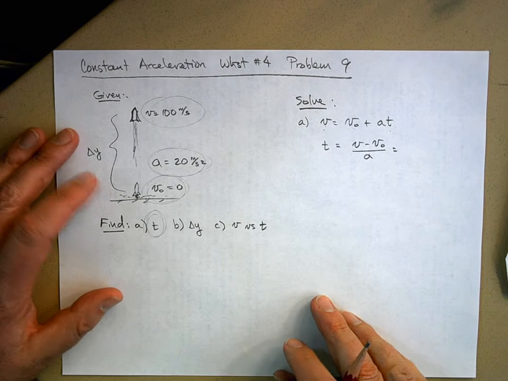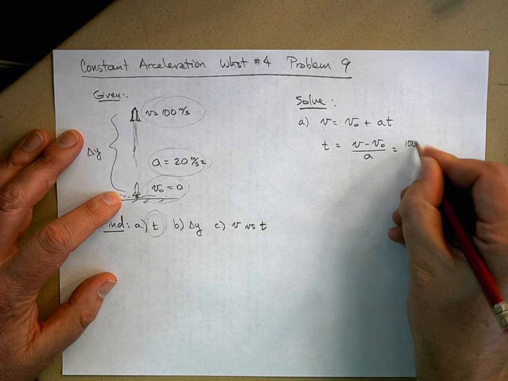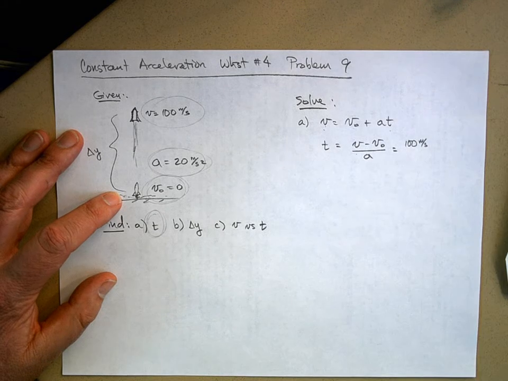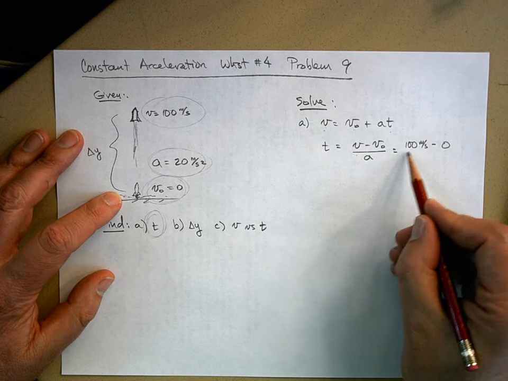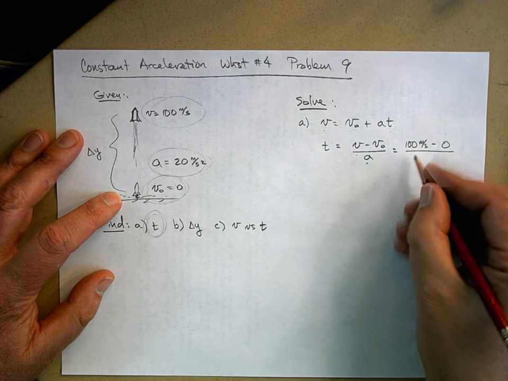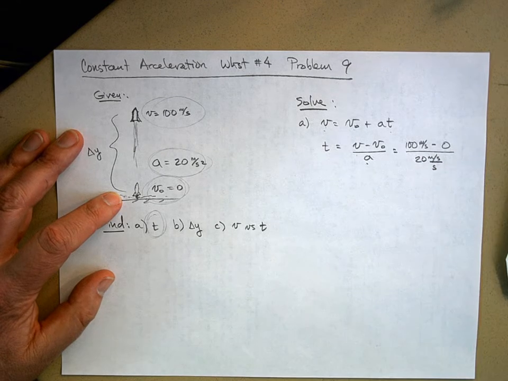So the final velocity is 100 meters per second, but our initial velocity was 0. That means our delta V was 100 meters per second. And we were accelerating 20 meters per second every second.